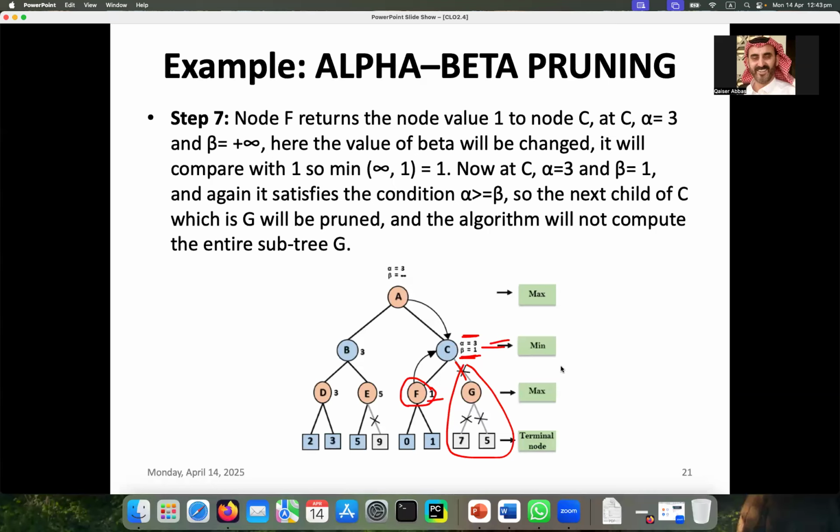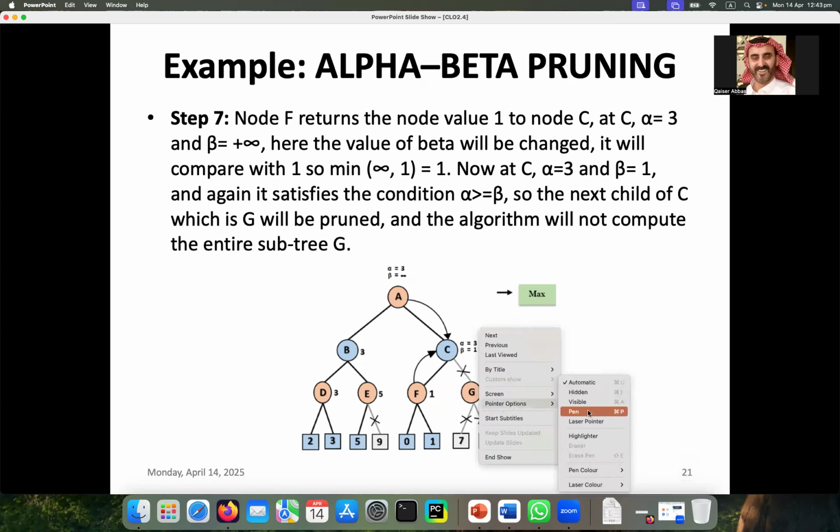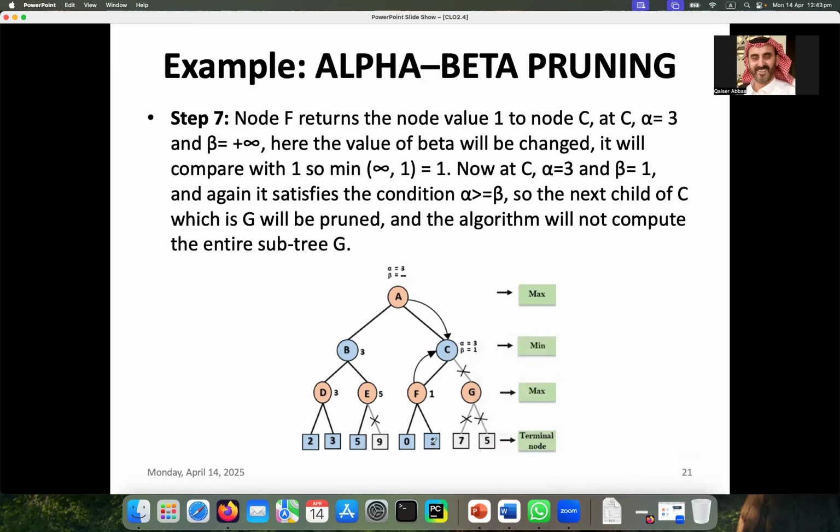So now think over it in general sentences. When you have this situation after executing this branch, when your alpha is 3 and beta is 1, you can imagine that if you get some value from here for the max, for the node G, which is the max node, higher than the alpha value of 3, like 4, 5, 6, 7, 8, it is possible.